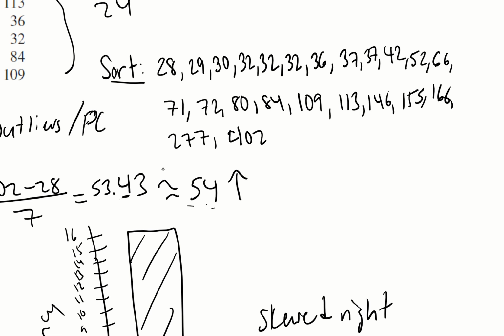Okay, so we got 1, 2, 1, 2. Work our way towards the middle. Let me cancel out as I go. 1, 2, 1, 2, 1, 2, 1, 2.